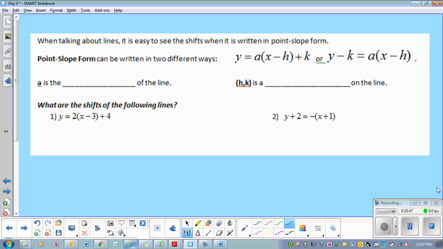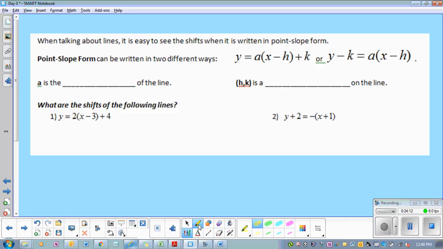All right, so let's switch gears a little bit. Let's talk about something called point slope form, okay? So when we talk about lines, it's easier to talk about transformations when we write it in this form, not slope intercept, not the y equals mx plus b, okay? And point slope form, it has 2 different ways that you can write it.